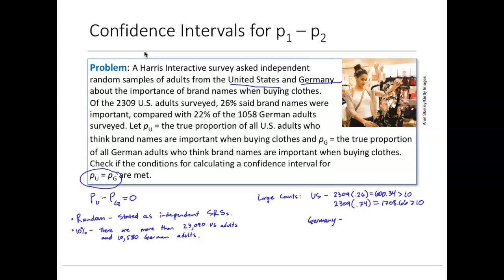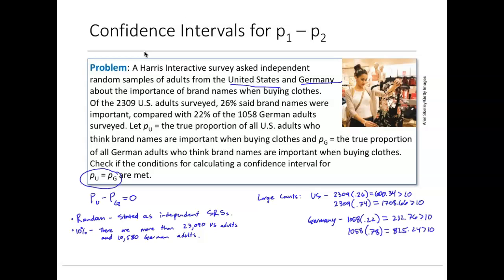All right, and then I'll do the same for Germany. So I'll do 1,058 times their p hat value, which is 0.22. It's 232.76, which is greater than 10. And then 1,058 times the complement, which is 0.78, is 825.24, which is also greater than 10.